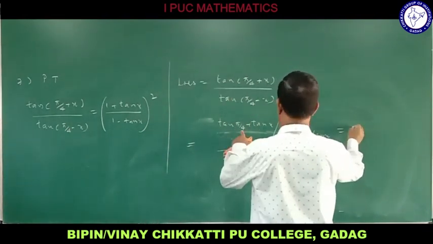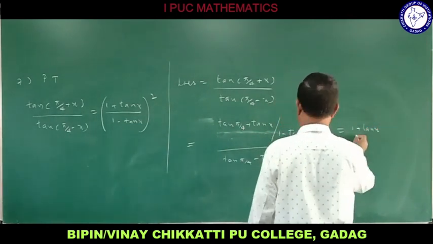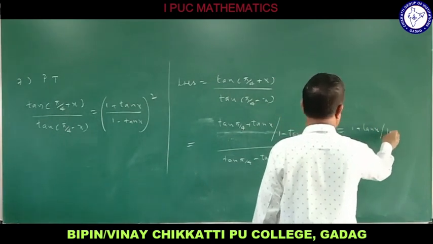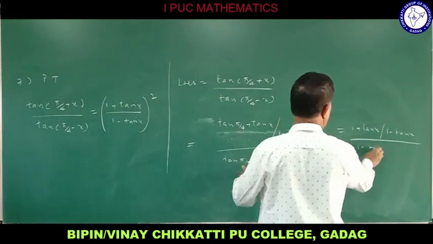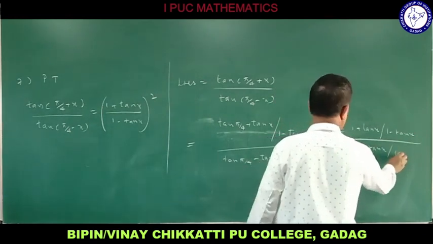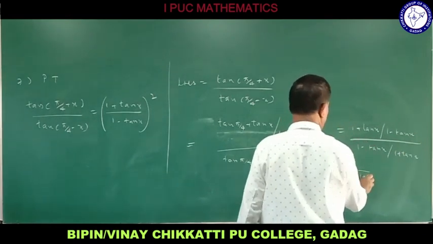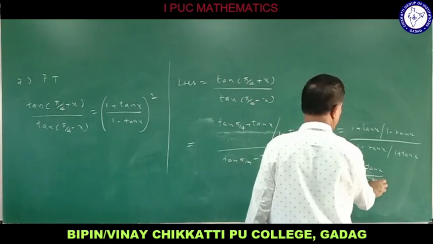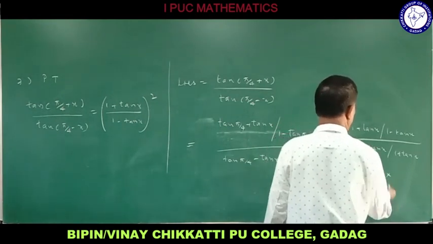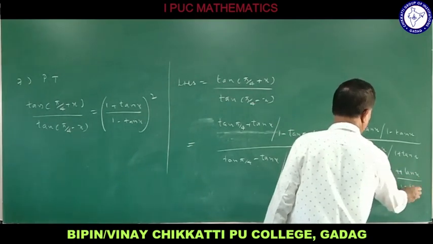Since tan 5 pi by 4 is 1, this is 1 plus tan x divided by 1 minus tan x, whole divided by 1 minus tan x divided by 1 plus tan x. Here you write the reciprocal: 1 plus tan x divided by 1 minus tan x.